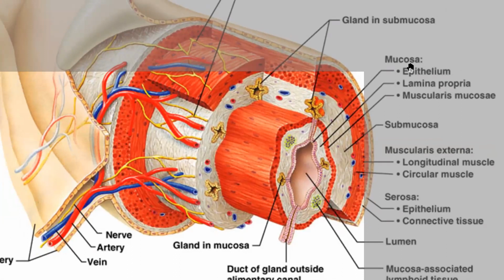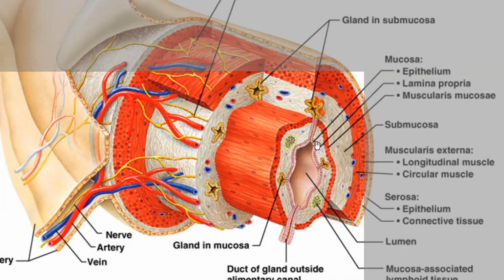So under mucosa, epithelium, of course, for different parts of the GI tract, this epithelium can be different. If we just say it is a small intestine, then it's simple columnar epithelial cells. I will give you more specific cell types when we get to different parts of the GI tract.